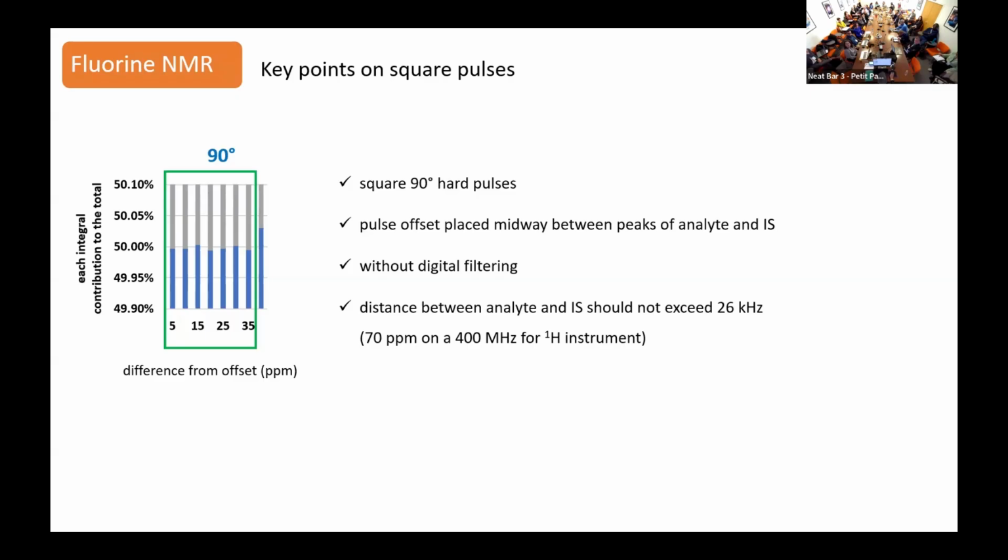We should place the offset exactly midway between the peak and the internal standard to compensate the signal losses, with no digital filtering. And the distance between the analyte and the internal standard should not exceed 26 kilohertz. In this equipment, that was a 400 megahertz for hydrogen. This means 70 ppm, 35 ppm for each side. Beyond this we start to have more difference.